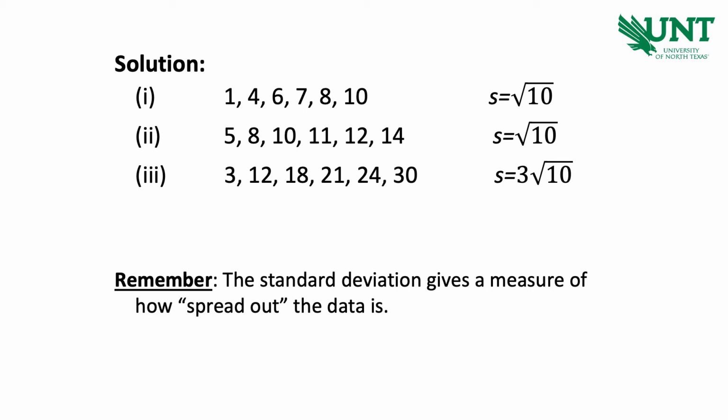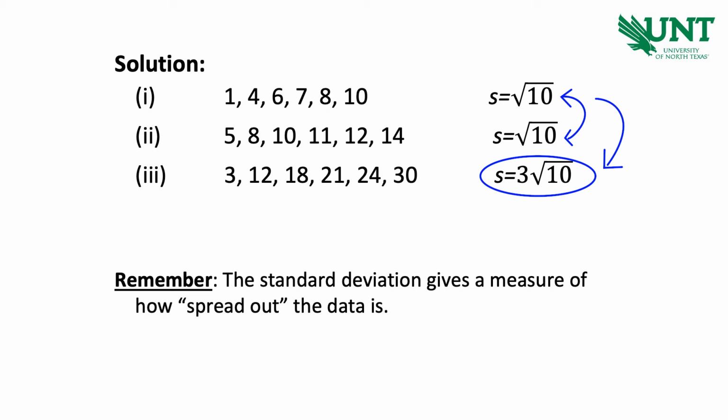Please notice that both the first and second data sets have the same standard deviation, and the standard deviation of the third one is 3 times the standard deviation of the first data set. Is it a coincidence? Let's compare each data set.